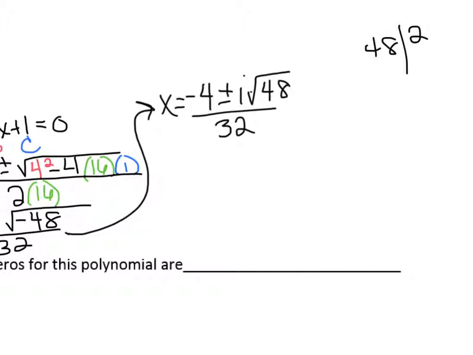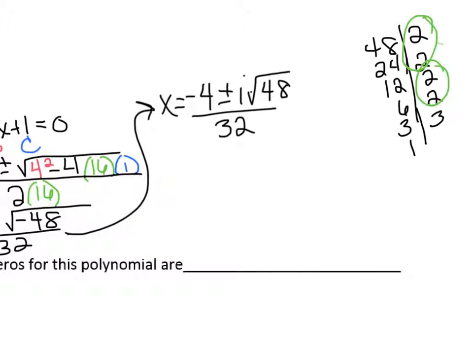Divide by 2 turns into 24. Divide by 2 turns into 12. Divide by 2 turns into 6. Divide by 2 turns into 3. Divide by 3 turns into 1. We're looking for pairs. A pair of 2's and a pair of 2's. That's going to make a 4.